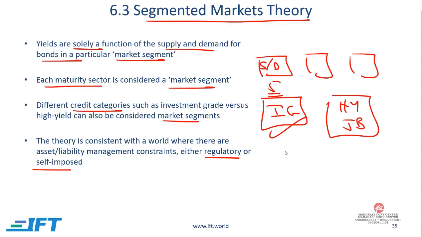There might be pension funds where, to meet asset liability constraints, they can only invest in bonds with a certain maturity. There might be government regulations because of which investments are made in a certain segment of the bond market. So this theory is consistent with a world where various constraints exist, because of which these segments become very important.